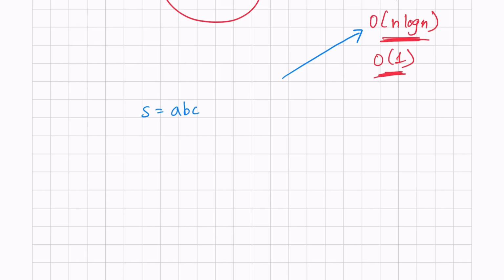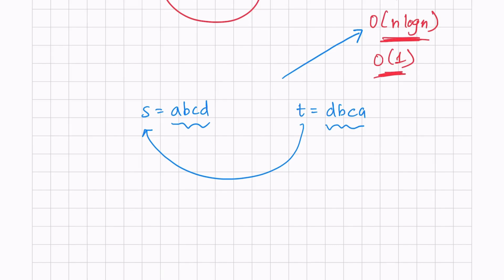So let's say S is A, B, C, D, and let's say T is equal to D, B, C, A. What if I count characters in S as well as in T? If T is an anagram of S, the counts should match.